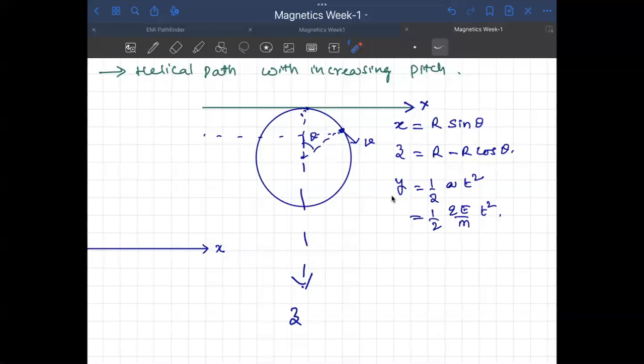In the direction of Y, the only acceleration is due to the electric field, QE by M. The magnetic force is always perpendicular to V naught, and the electric field force is always along Y. So I have given you the X, Y and Z coordinates.